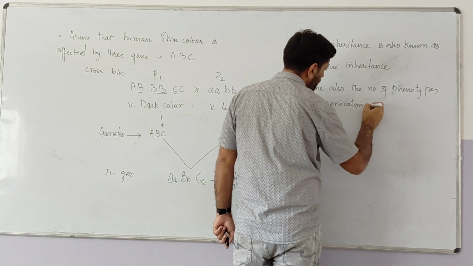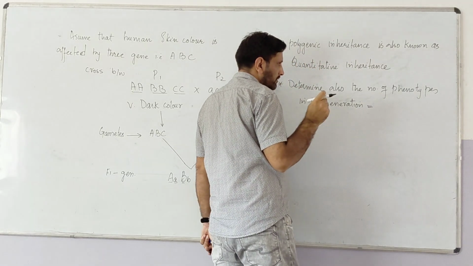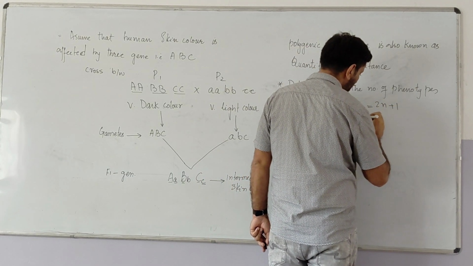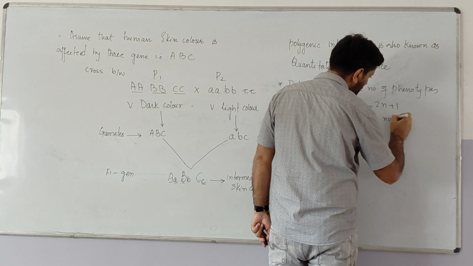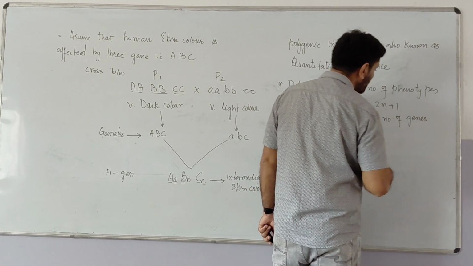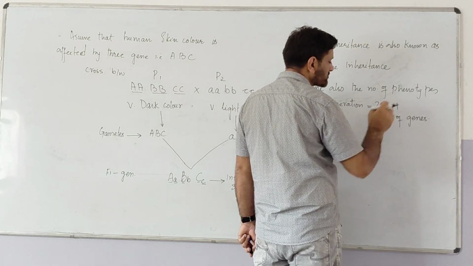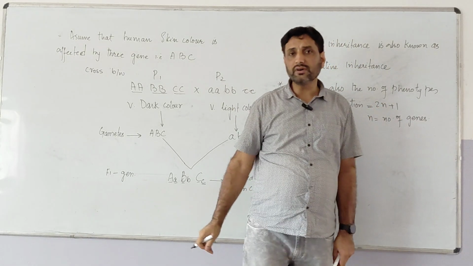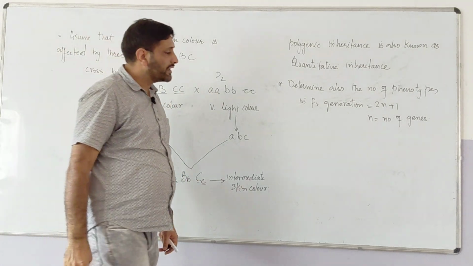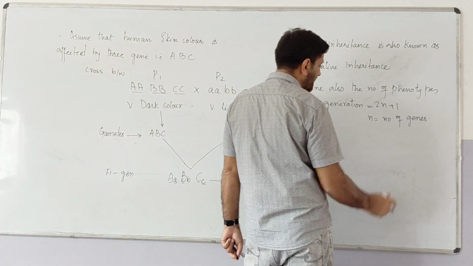It will be equal to 2n plus 1, where n is equal to the number of genes. So if we have 3 genes, then 2 threes are 6, plus 1, in terms of human skin color. So in human skin color in the F2 generation, the number of phenotypes is equal to 7.